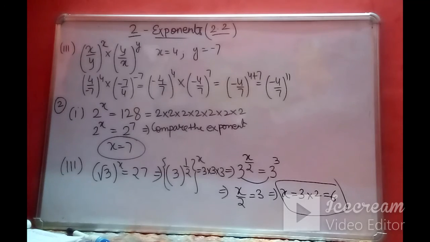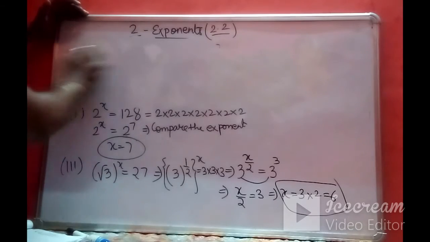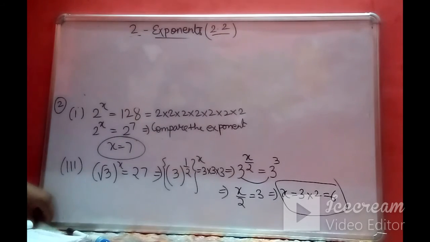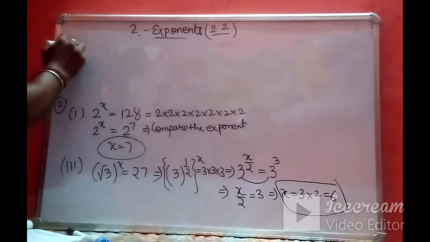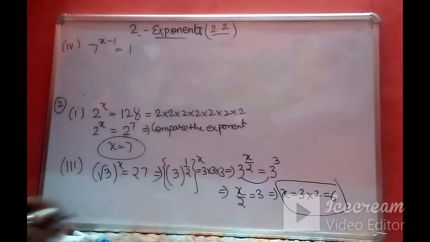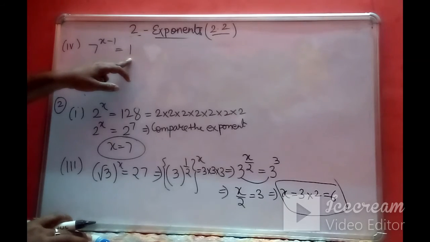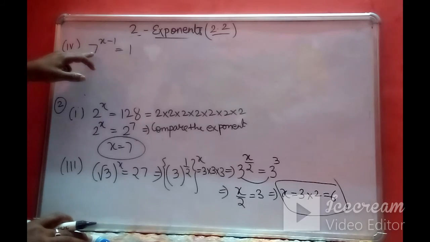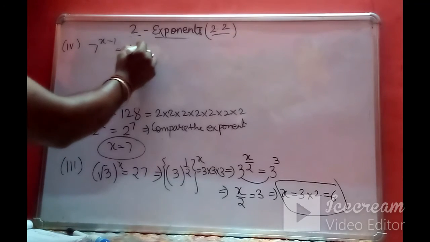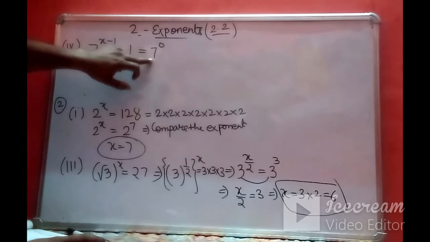Then let's see one more part, a different type. Suppose you encounter this type of question, 7 to the power x minus 1 equal to 1. Now we cannot do the prime factorization of 1, that we know, but we have to convert this RHS into the same base as 7. As we know, anything raised to the power 0 is always equal to 1.